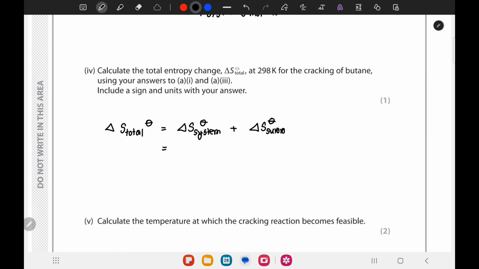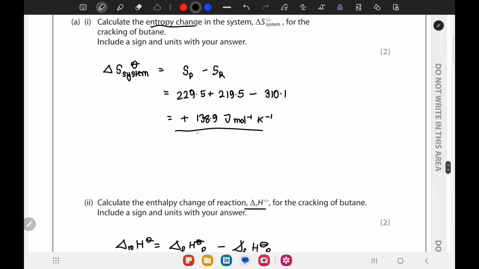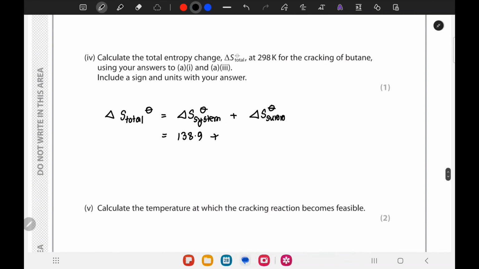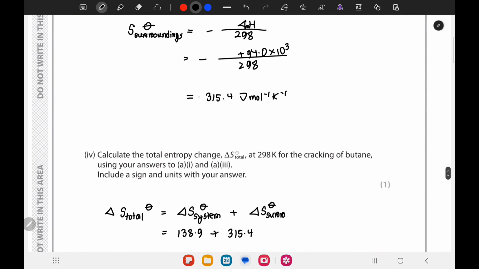Del S system was plus 138.9 and del S surroundings was 315.4. If we add both of them up, I'll get a value of, oh, before we go there, this was negative.